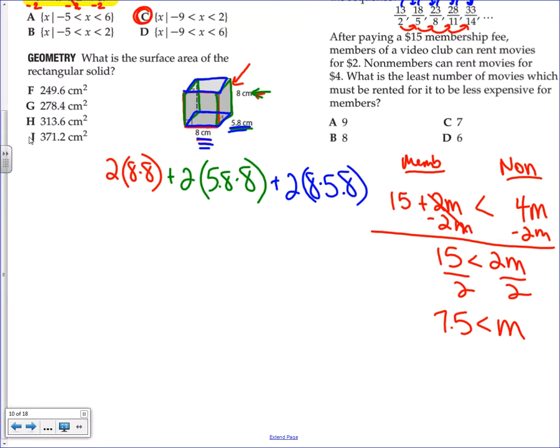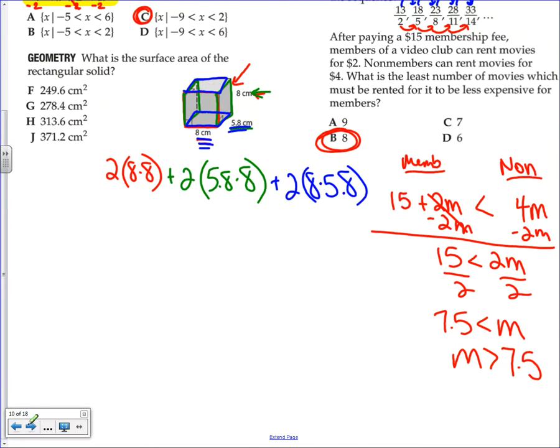Now, of course, we're going to flip this around so that the m is on the left, and I can't certainly rent 7.5 movies. So m has to be greater than that. The first number of movies that would be greater than 7.5 would be 8. So again, you should have answered those other 2 warm-up problems.